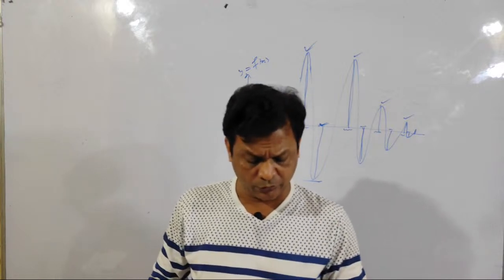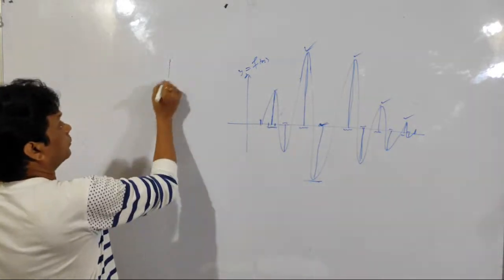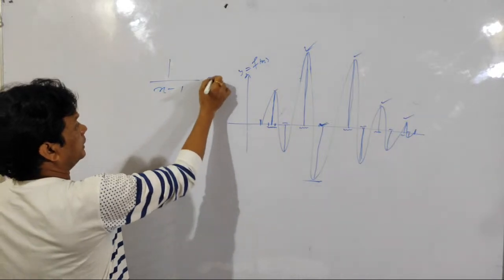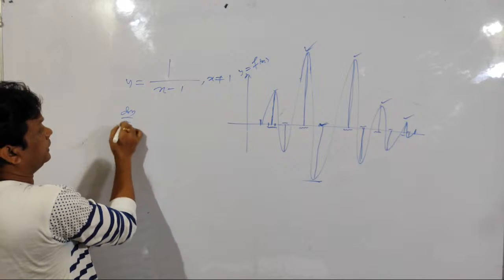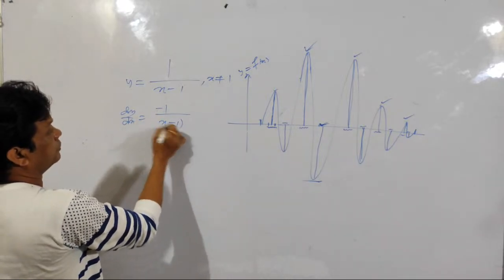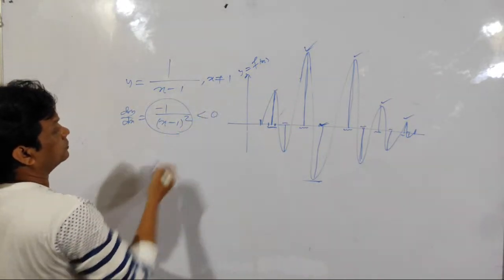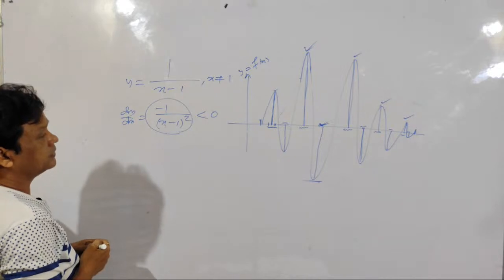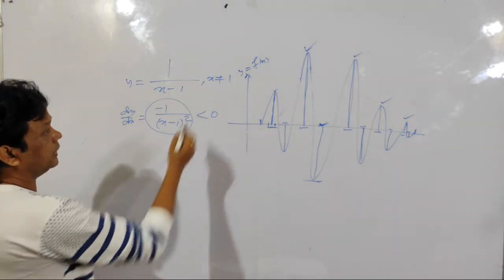I have already told you. She is telling that 1 by x minus 1, it is given that x is unequal to 1. So y is equal to this one. So dy by dx equals minus 1 by (x minus 1) whole square. So this quantity is less than 0. That means the function is decreasing for all x unequal to 1.